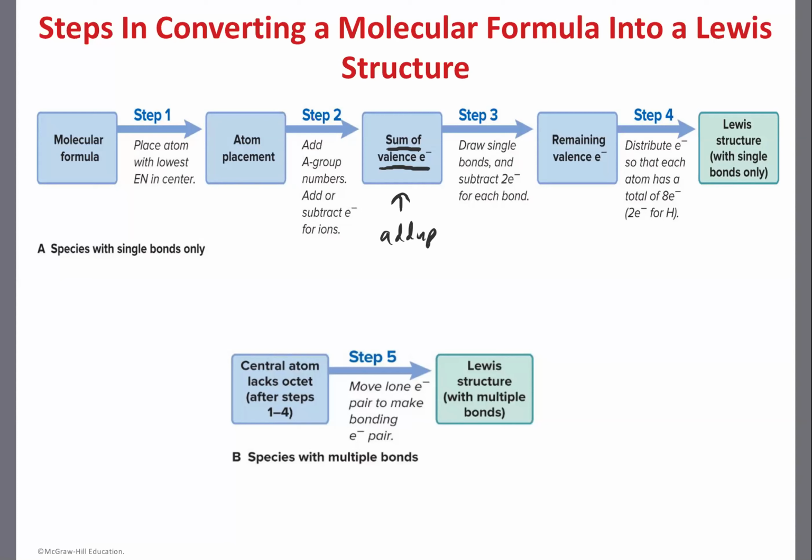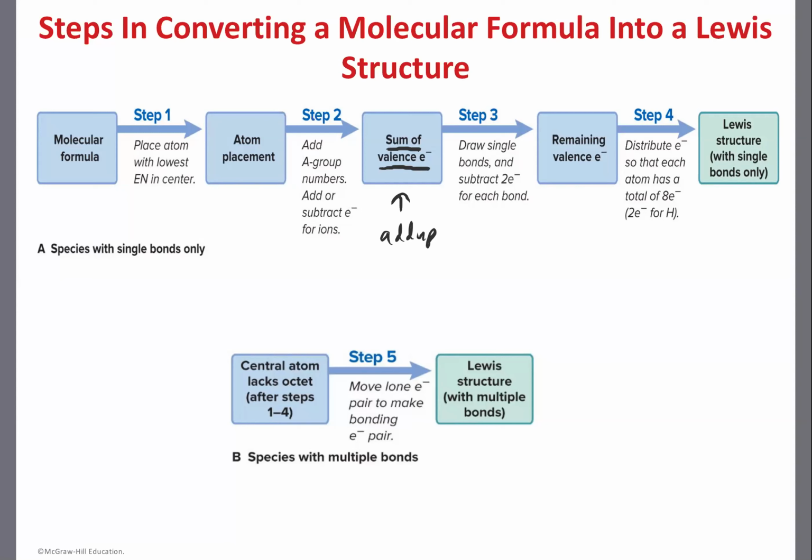The reason being is these are the electrons we're able to use to form chemical bonds. Remember, valence electrons, those in the outermost principal quantum level, are the ones used in chemical bonding. So we're going to sum them and use those valence electrons to make bonds.